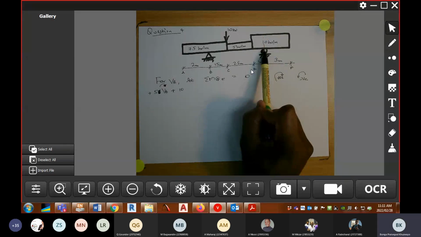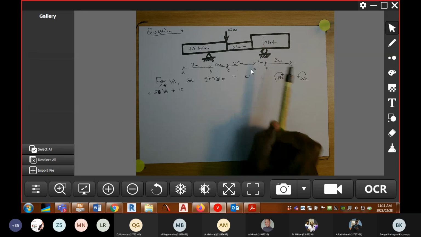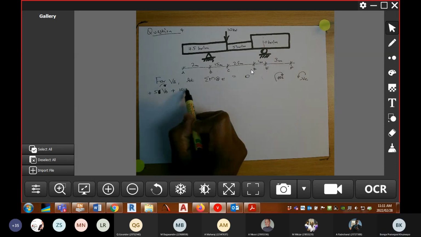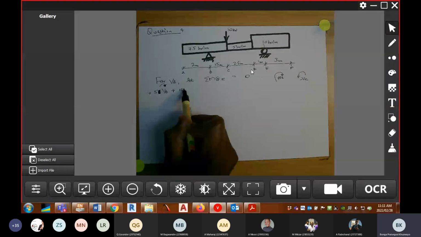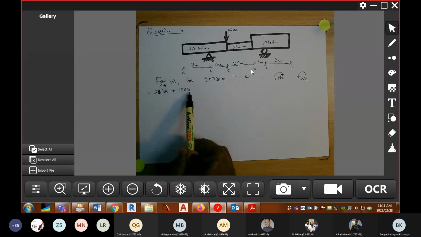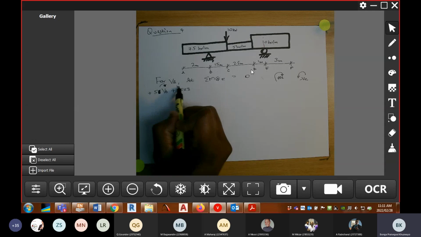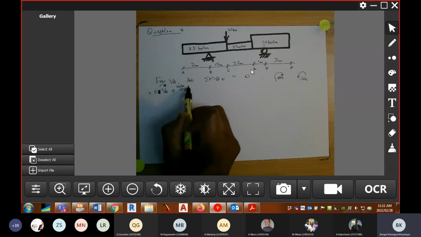The force, or the weight of the load, is 10 kilonewton per meter times 3 meters, which gives 30. But I'll still write it here as 10 over a distance of 3 meters, where the 10 is 10 kilonewton per meter and the 3 is 3 meters.